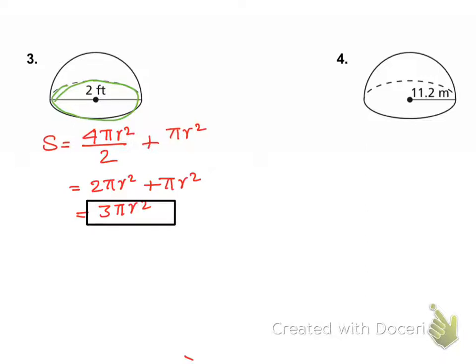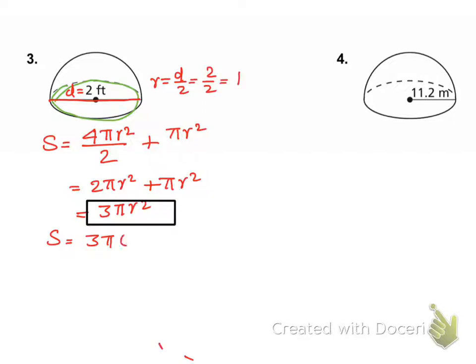So let's plug it in here. S is 3 pi r squared. We don't know r because they have given us the diameter, that's d. I need to have my r, so r is going to be d over 2, that's 2 over 2, and that is 1.